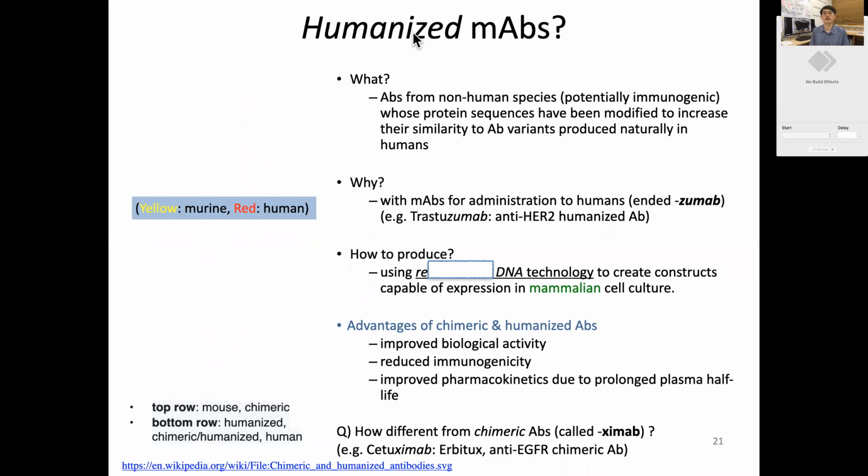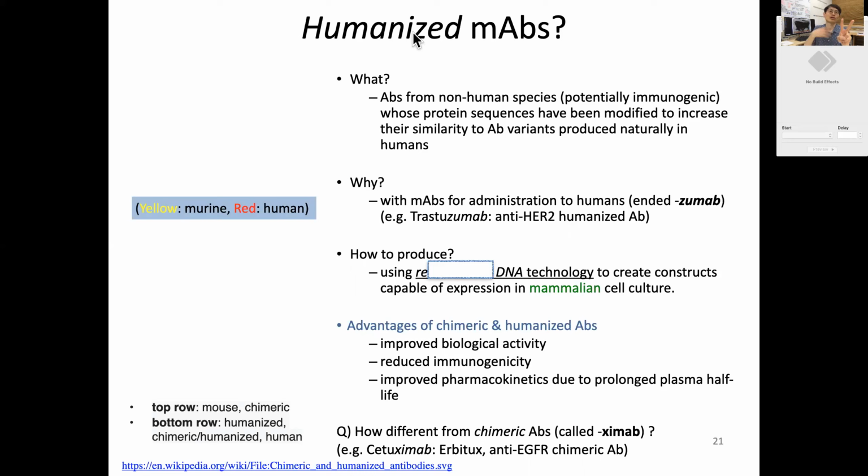And now I want to discuss humanized antibody. Once we create this monoclonal antibody, the Y shape will be produced in the animal. So it's an animal antibody, which means it has a variable region and constant region that are not present in humans. So once you put it inside the human, we also can develop antibody against this foreign antibody.